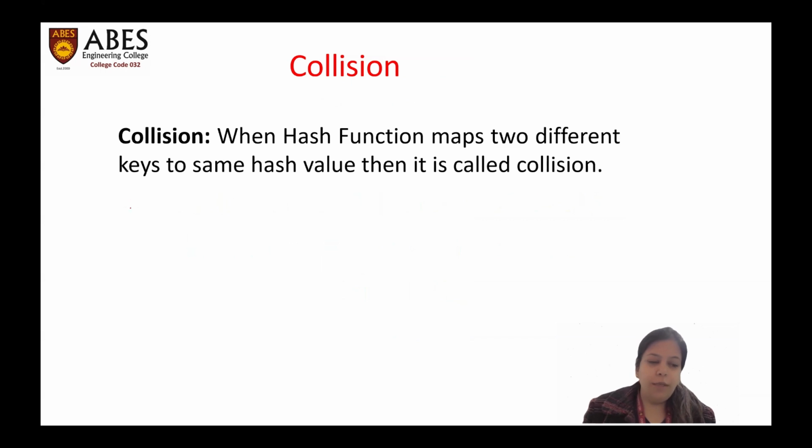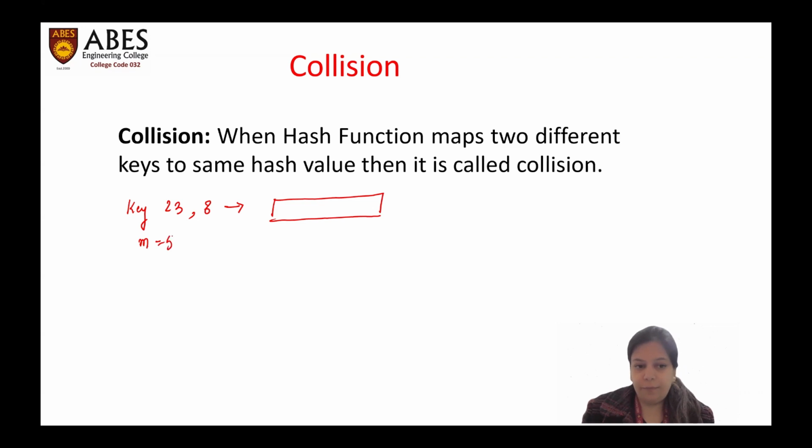Suppose we have two input keys, like we can have 23 and 8. And we want to map these keys on a hash table having 5 slots, right? So the value of M here is 5.